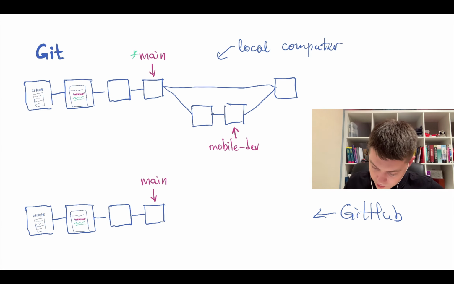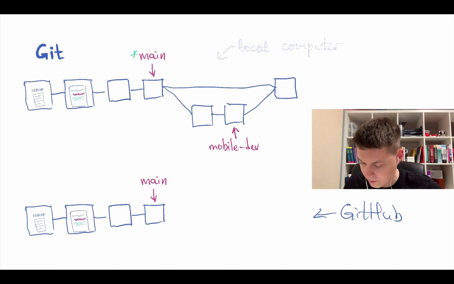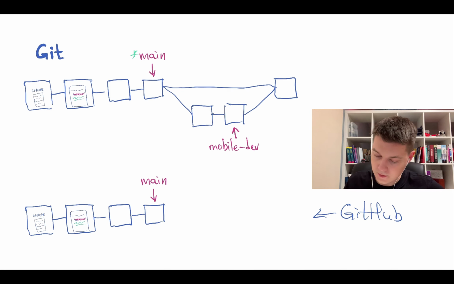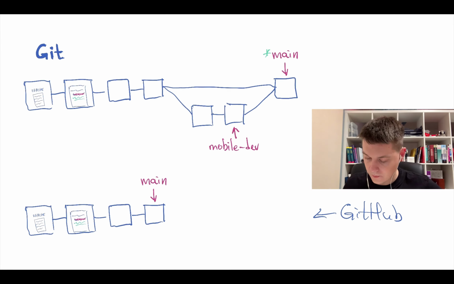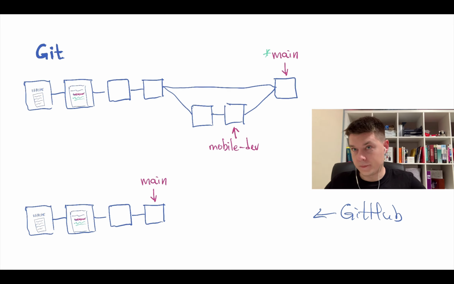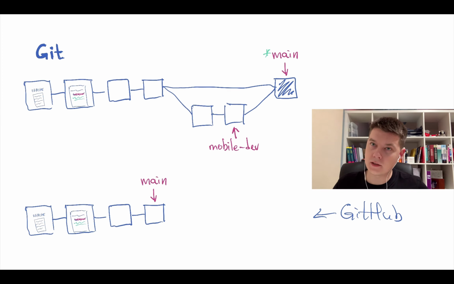Again, the current branch goes with us. A merge commit is a commit that combines two different branches together.